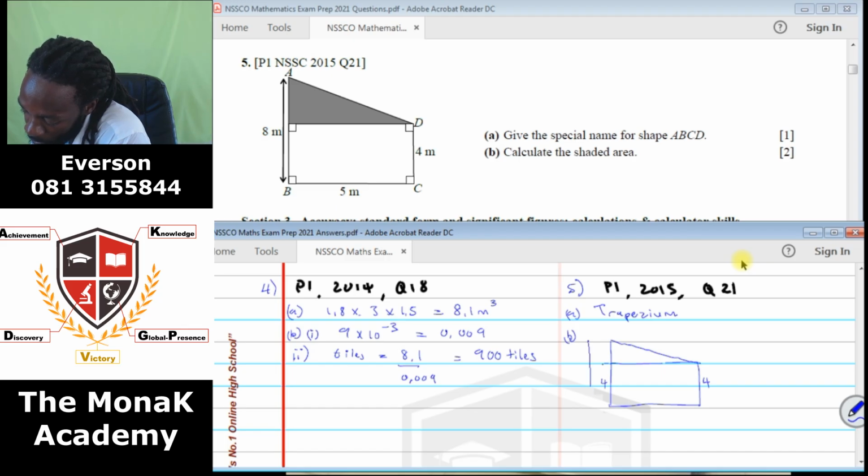So if this total is 8, it means also this is 4. And we know this is 5. So area of a triangle is half base times height, which is equal to half times 5 times 4, which is 10.